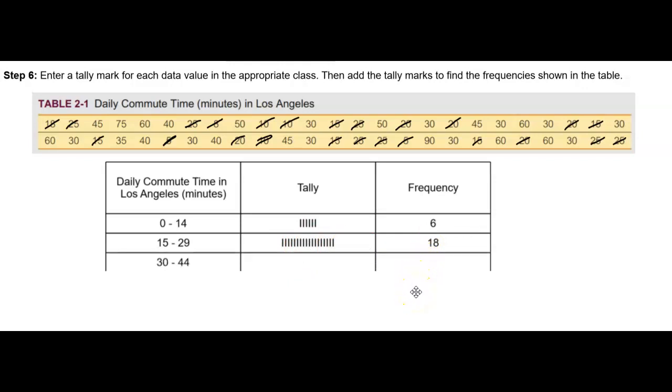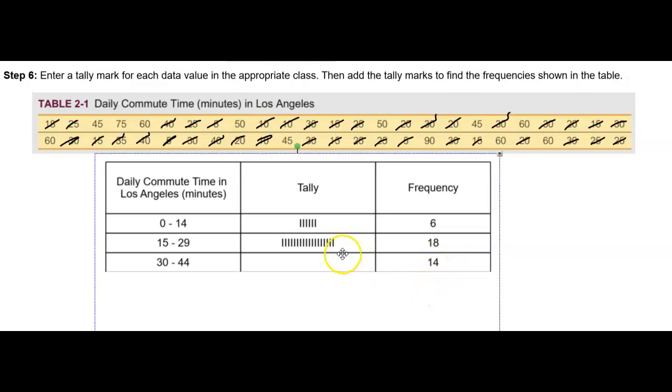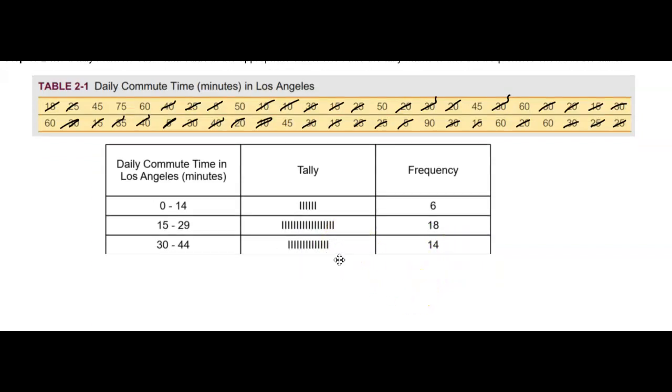Now let's take a look at the values between 30 and 44. So we have 1, 2, 3, 4, 5, 6, 7, 8, 9, 10, 11, 12, 13, 14. So therefore, putting our tally marks, we get 14.